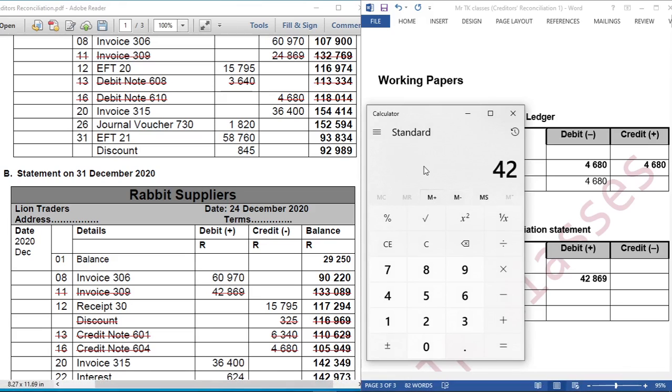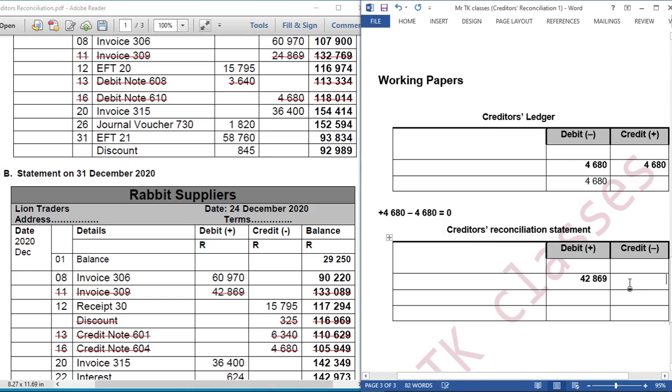We are going to say 42,869 subtract 24,869. So it is overstated by 18,000. So we need to reverse 18,000, because if we say 42,869 subtract 18,000, we'll get the correct amount, which is 24,869.